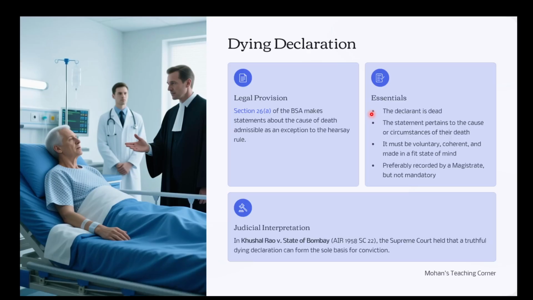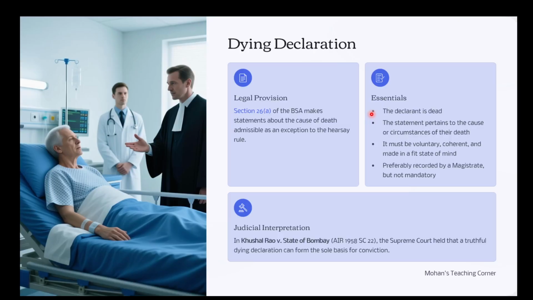So what is a dying declaration? The legal provision: section 26A of the BSA makes a statement about the cause of death admissible as an exception to the hearsay rule.